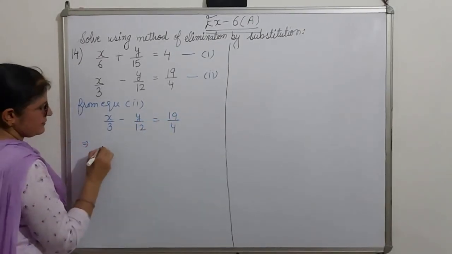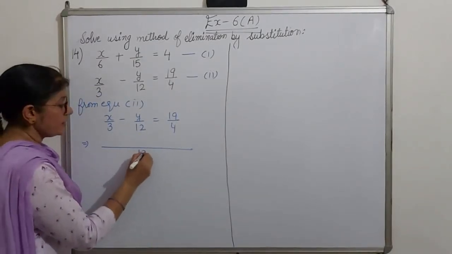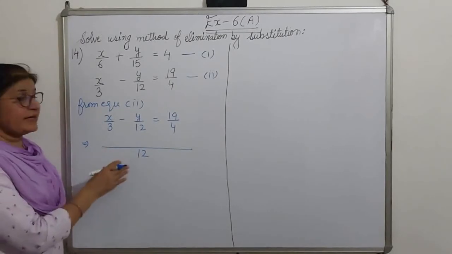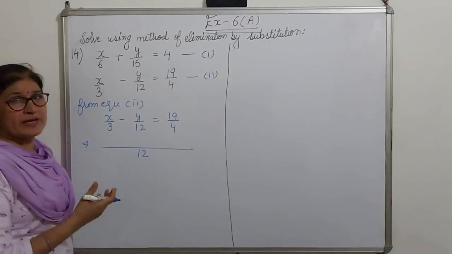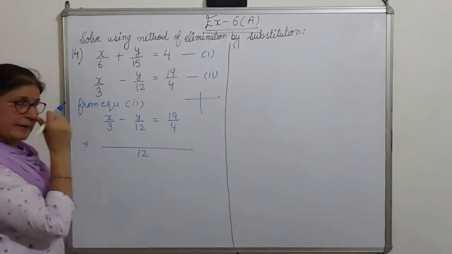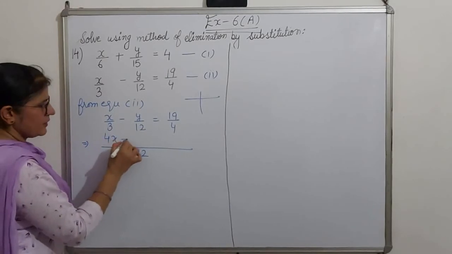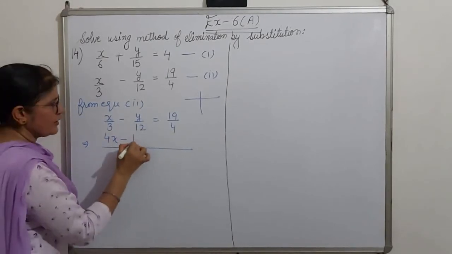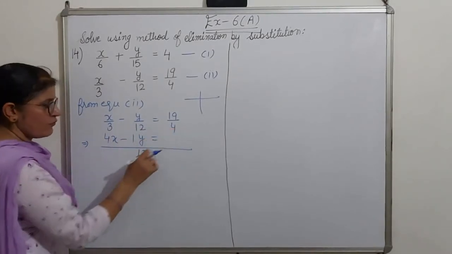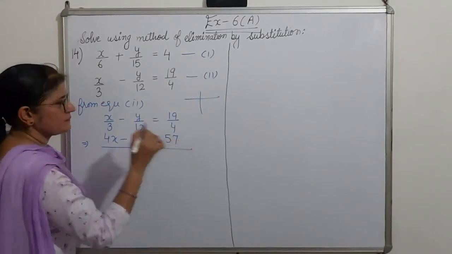What will be the LCM? For all three terms together, the LCM is 12. I am writing it directly. If you are not able to calculate directly, do it on the side and then write here. So 3 fours are 12, 4 ones are 4x, 12 ones are 12, 1 into y is 1y, 4 threes are 12, 3 nineteens are 57.